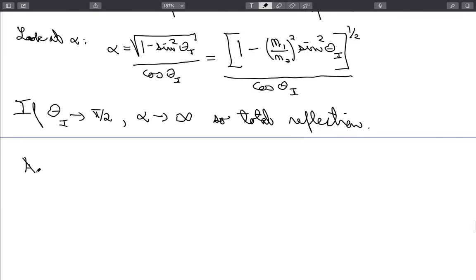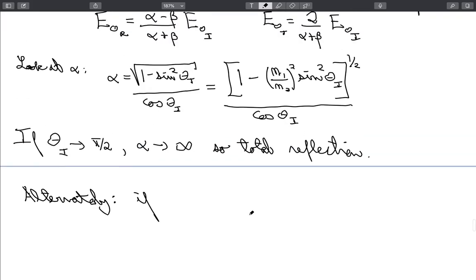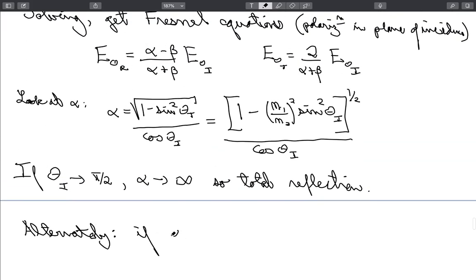Alternately, there's also another really cool angle. If I look at my reflected wave and I arrange things so that alpha is equal to this beta, beta being a property of the two media, but alpha being a property also of the incoming angle, which I can adjust, then if I choose an angle such that alpha is equal to beta, there would be no reflected wave, and everything would be transmitted.